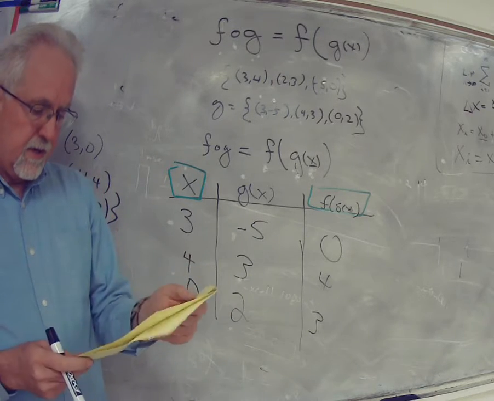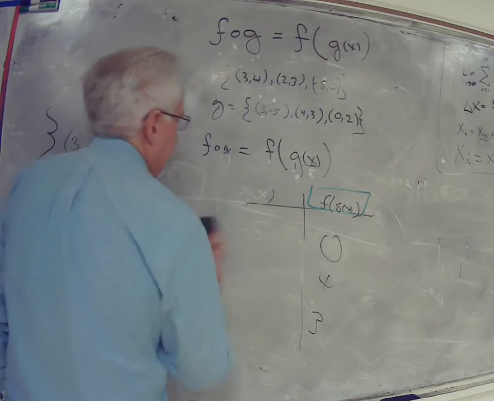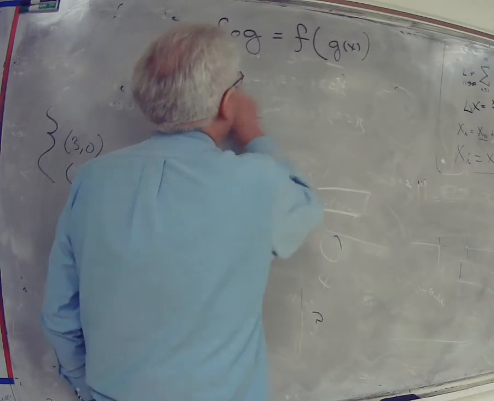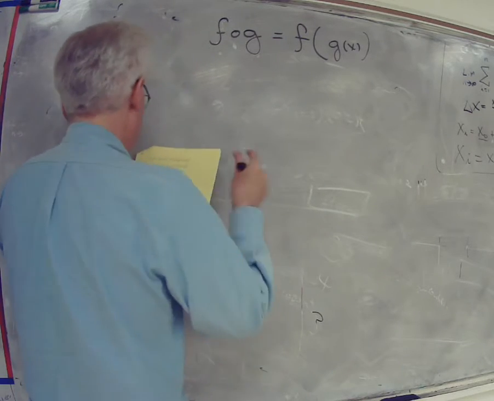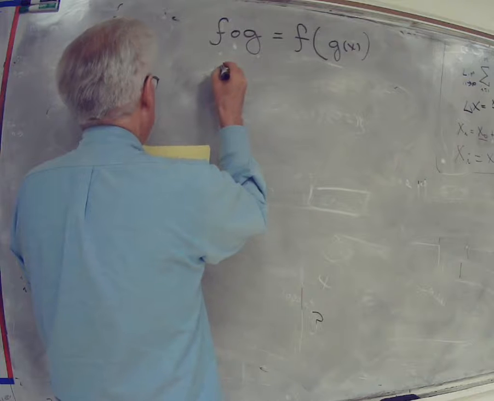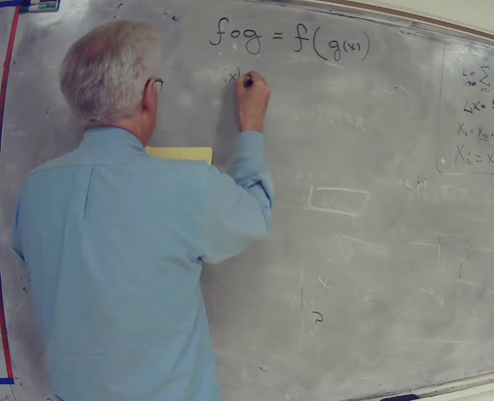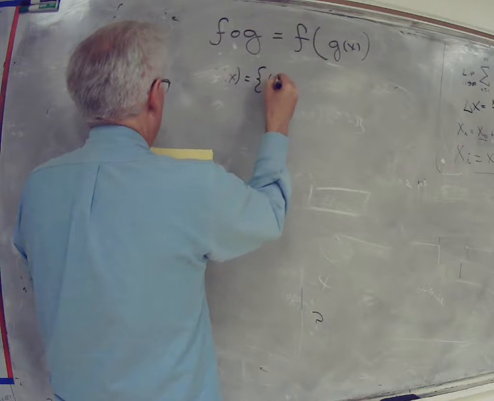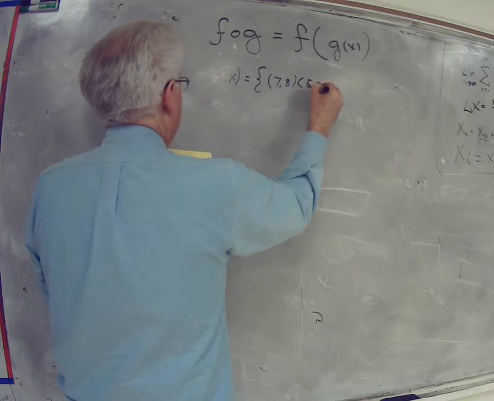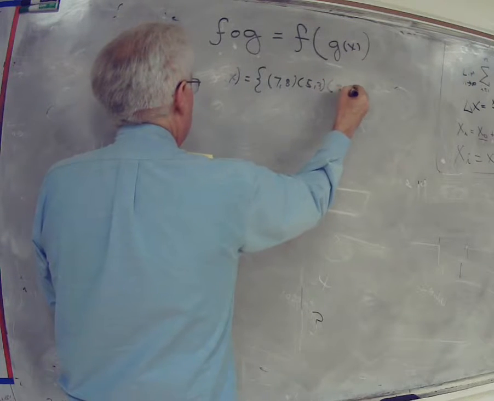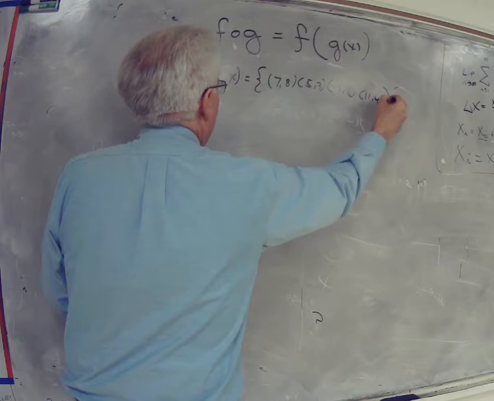Okay. Now, sometimes you might run into a situation like this. So let's do this again. Okay? So I'm going to give you the f's. The f of x is equal to the points (7, 8), (5, 3), (9, 8), and (11, 4).